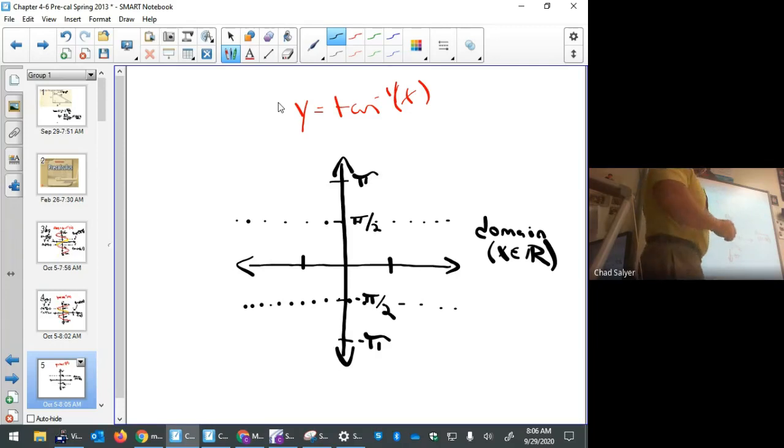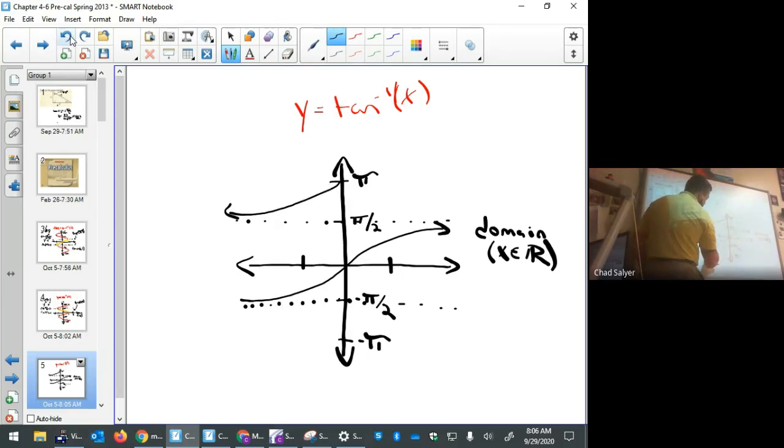And remember how the tangent was always increasing. So the same will be true here. You'll have this funky shape. Do that one for me. So once again, failing the vertical line test in this case because of these values above and below.